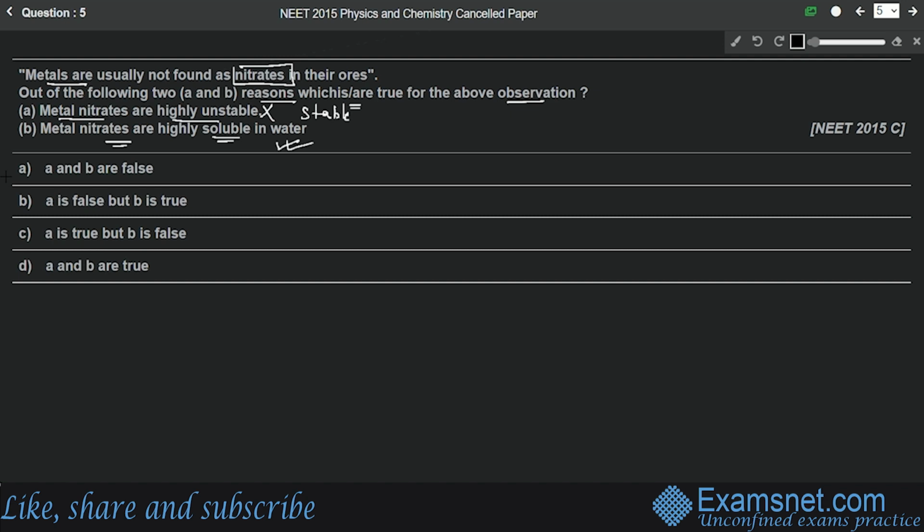Yes, this is a correct statement, and this is also the correct reason for the above observation. Metals are not found as nitrates in their ores because these are highly soluble in water. What would happen if metal nitrates were present in the crust of the earth? These would be slowly and gradually washed by the rainwater into the sea. Due to this reason they do not exist as nitrates. So A is false but B is true. Option B will be the correct answer.